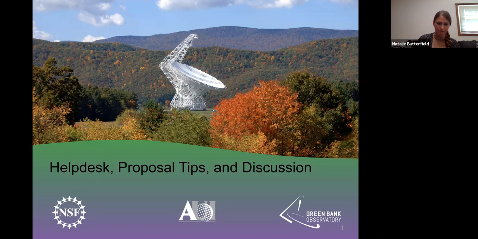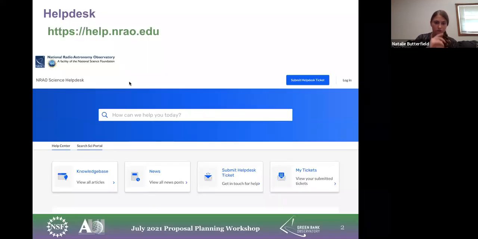That's why we're here. Okay, so to go over the help desk. The help desk is basically how you can type up questions or search for previous questions or previous information for different types of issues with the GBT or doing data reduction or the VLA or CASA or VLBA.